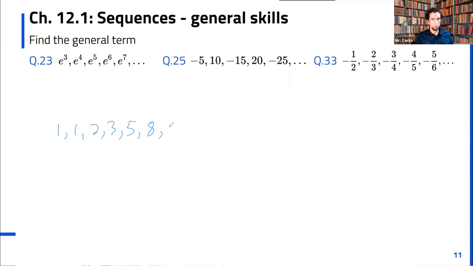Just trying to remember this. 1, 1, 2, 3, 5. This is a very famous sequence in the math world. Does anyone see what's happening here? We can't define this with just a single general term. This is a different case. We'll have to talk about it a little differently.